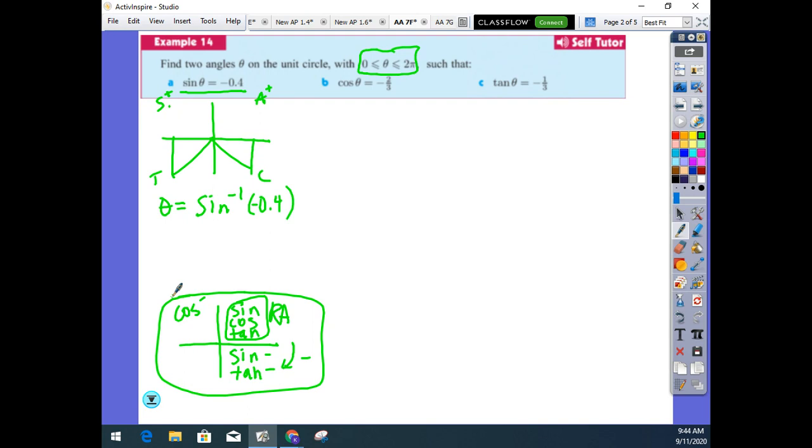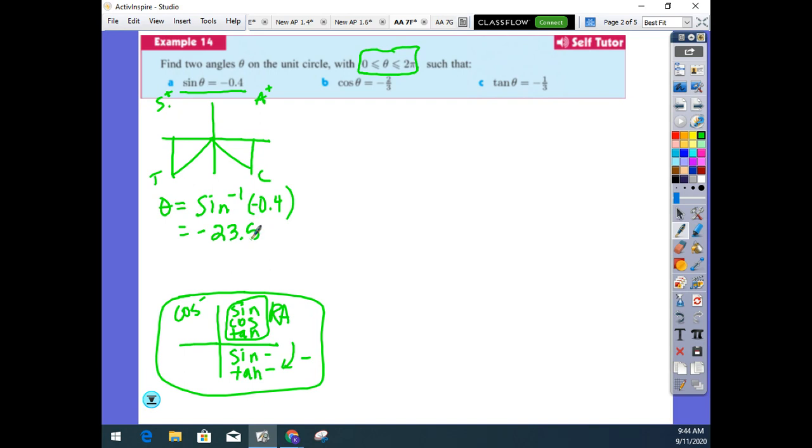Because notice when you do sine inverse of negative 0.4, a second here, oops, helps if I put it in correctly, I get negative 23.578, blah, blah, blah. All right.